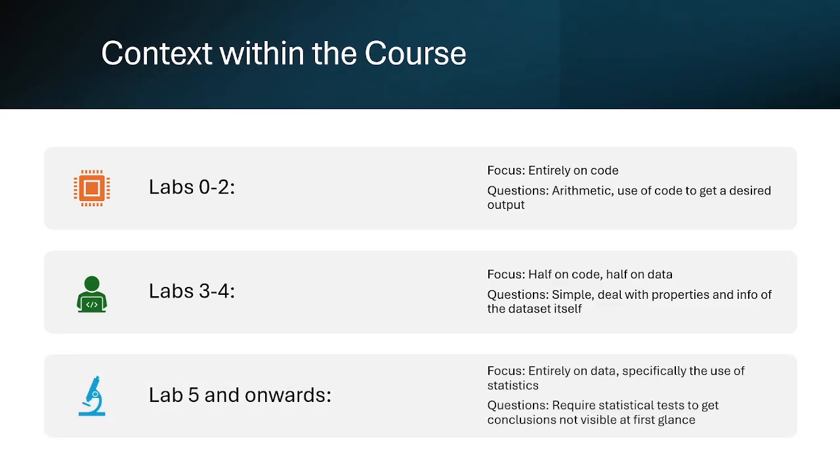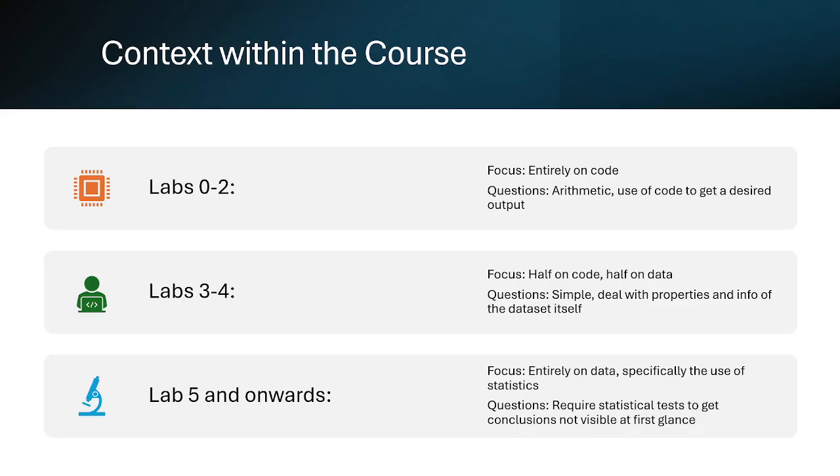Now, Lab 5 and onwards, we're dealing with statistics, which is mainly the focus on the whole data set. We're looking at a really big picture now. That means we're getting to conclusions and questions that deal not with specific parts of the data set that you can see, but mainly overall trends that might be invisible to you if you are only focusing on a little bit.